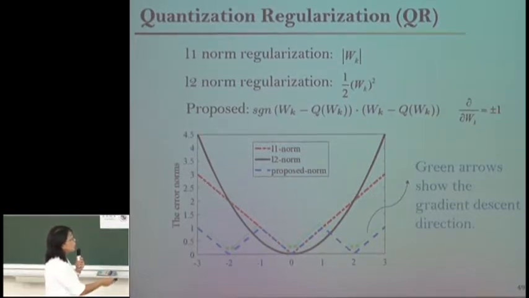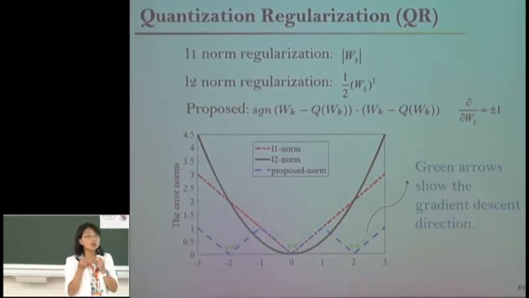L1 is represented by the red curve. Essentially, a bigger weight contributes a bigger error, and the slope is very steep here, so the intent of L1 is to generate more zeros.